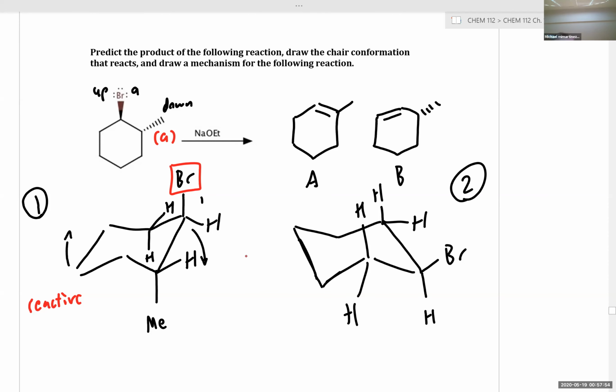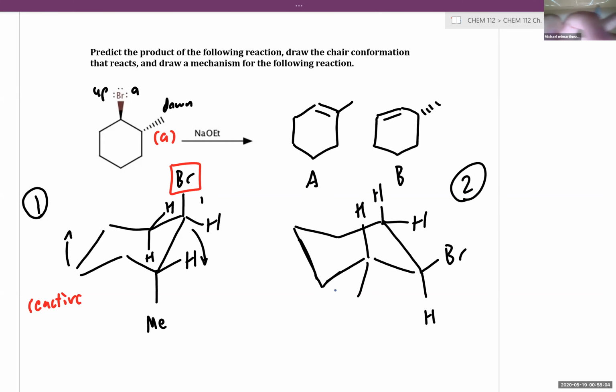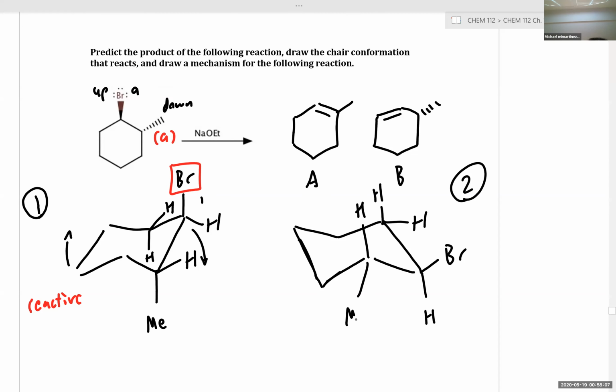However, if we think about our relative energy, which conformation is the lowest energy conformation? Let me put the methyl in here. Which conformation is the lowest energy conformation, 1 or 2? Conformation 2, exactly right.